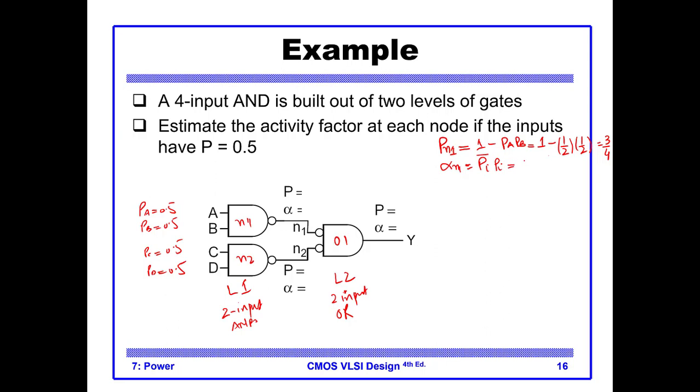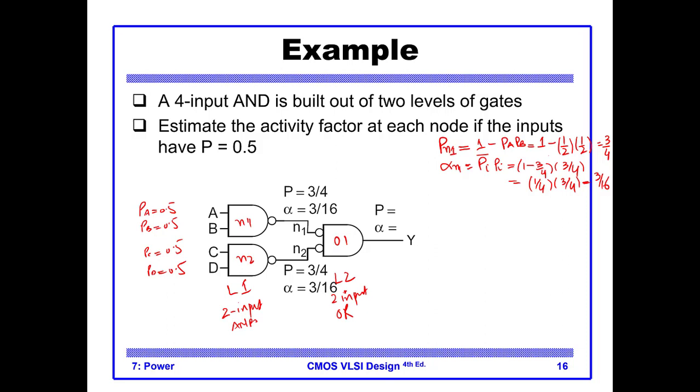So in this case we have our probability of the output node being high, 3 by 4, so it is 1 minus 3 by 4 into 3 by 4, which is 1 by 4 into 3 by 4, equal to 3 by 16.